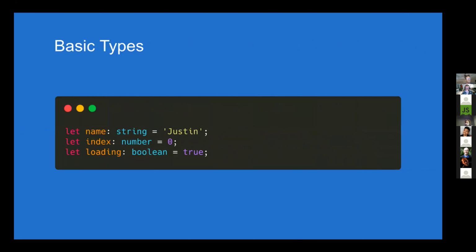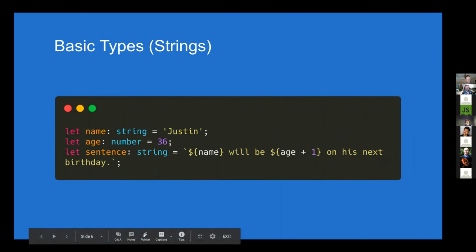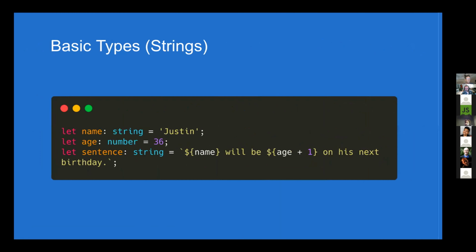First up, we got basic types. If you're familiar with JavaScript, you're probably familiar with all these basic types: string, number, Boolean. Nothing too complicated here. More detail on strings. String can be either just a simple string or an interpolated string using variables. Next we have numbers.